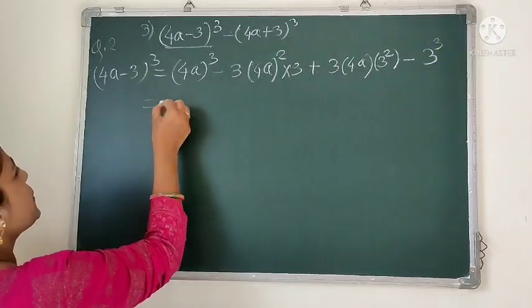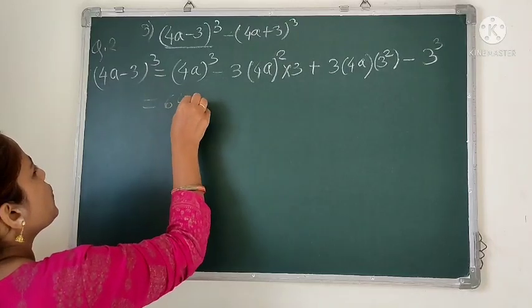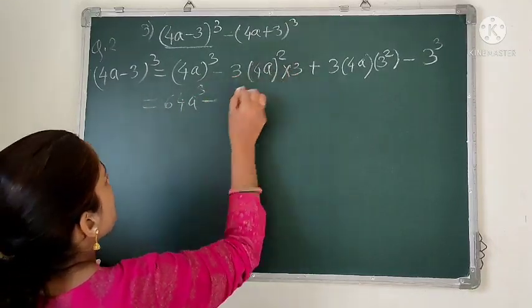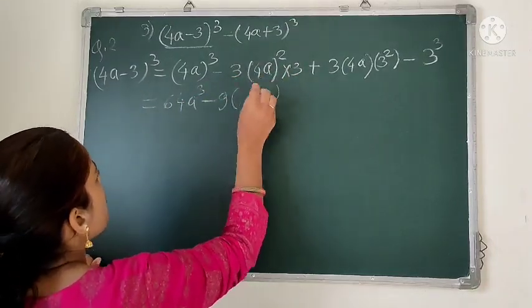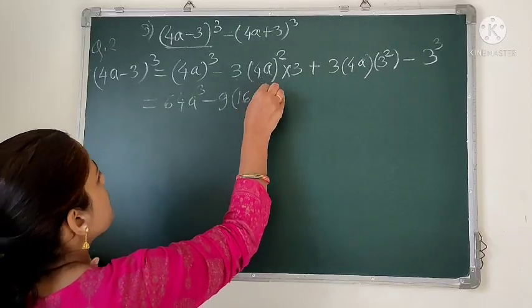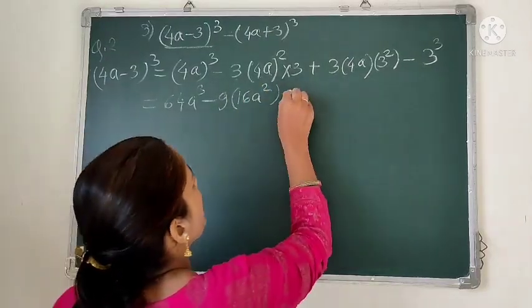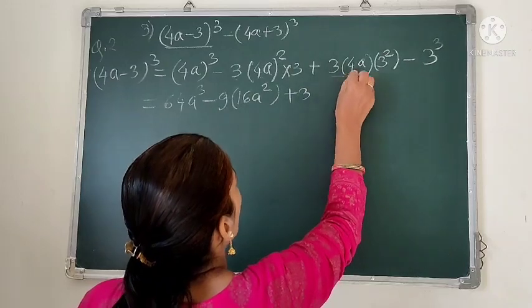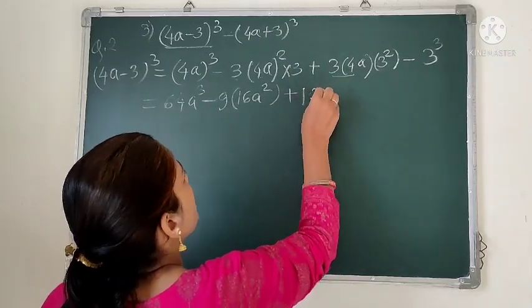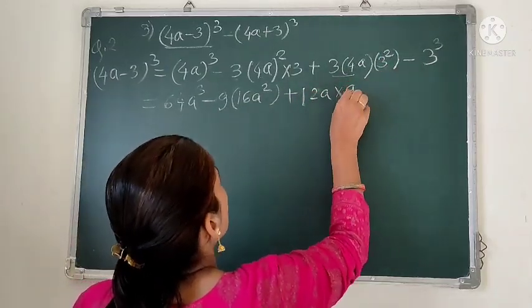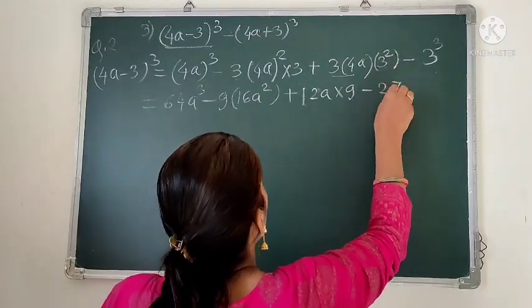Now simplify it. 64a cube. 3 threes are 9, and after solving the bracket we will get 16a square, plus 3 fours are 12a, 3 threes are 9, minus 27.